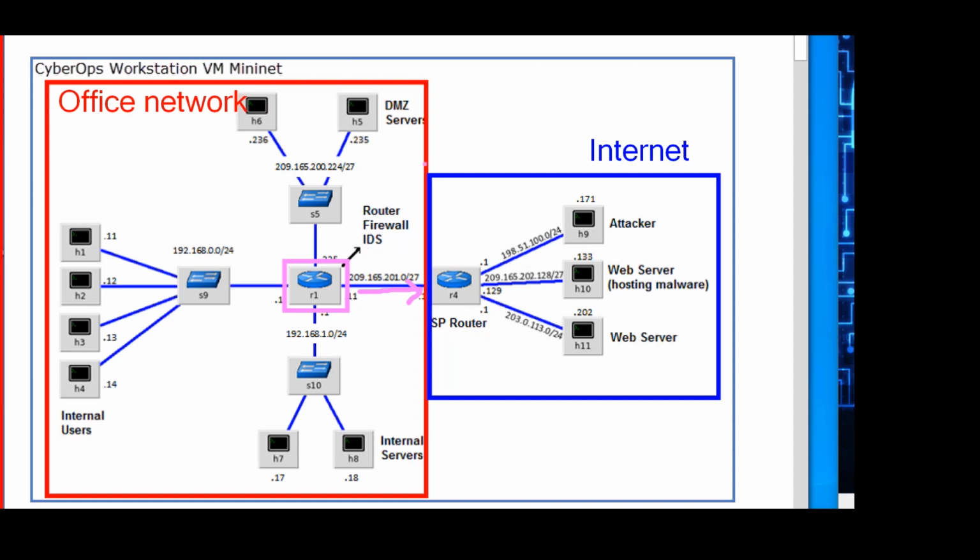The office network will connect to the ISP router, where ISP stands for Internet Service Provider. Usually this is your Singtel or StarHub network. The Singtel or StarHub router will connect you to the internet depending on which service you want to go.